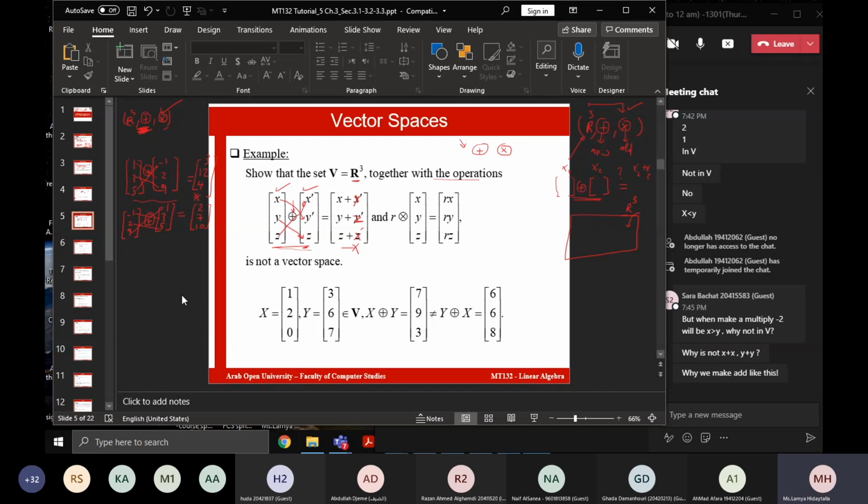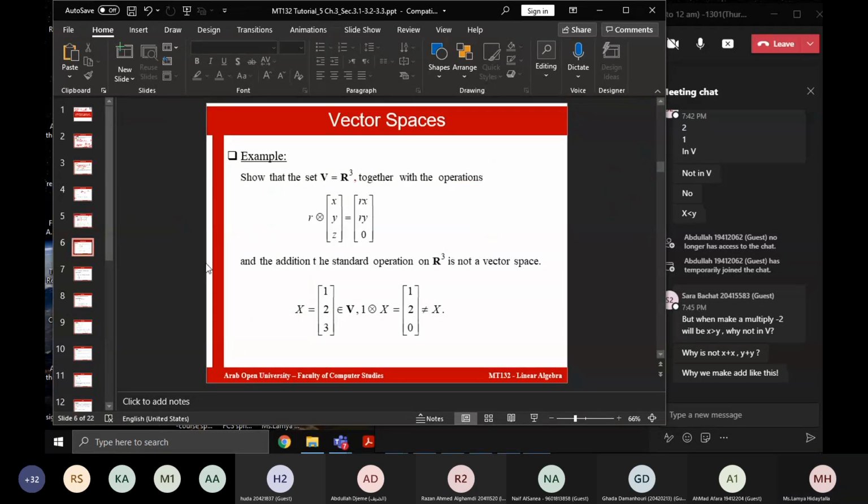So it depends on how he wants to define a new way of addition, and he wants to see whether with this way it is a vector space or not. So you have to test as per the way he defined this operation. So it is not a vector space. It's clear.